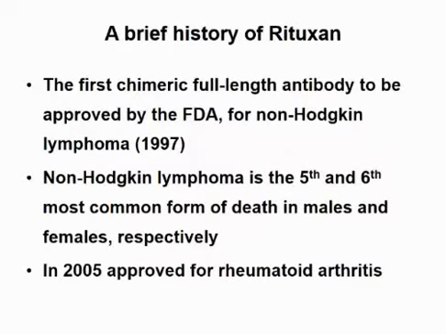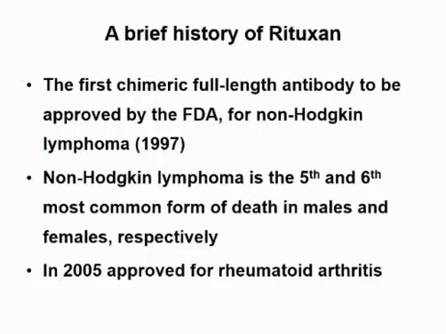So a brief history then of Rituxan. This was the first chimeric antibody to be approved by the FDA, and this was for non-Hodgkin lymphoma in 1997. This is actually the 5th and the 6th most common cause of death for males or females.